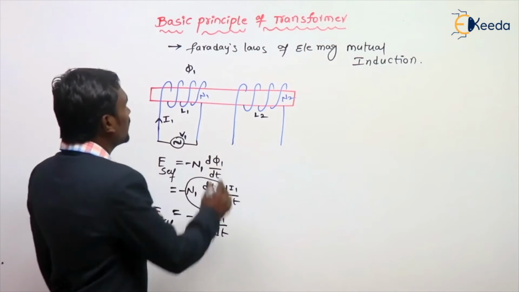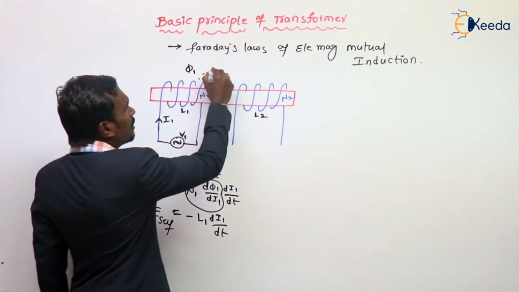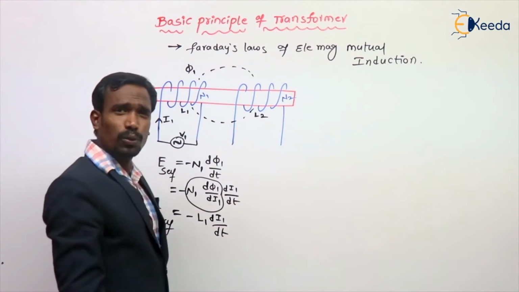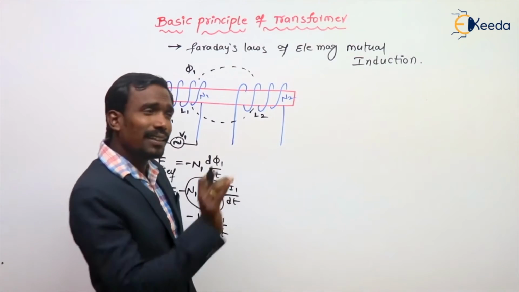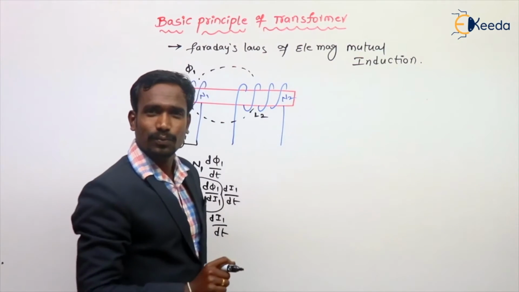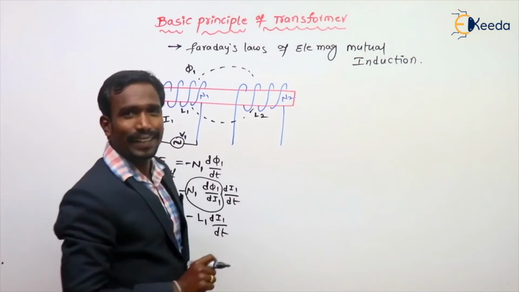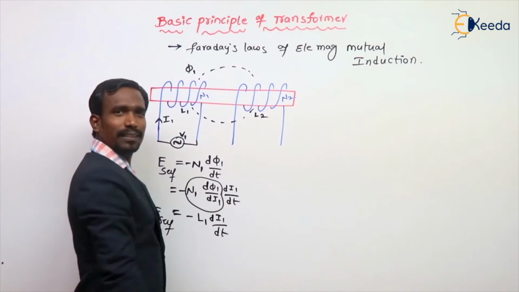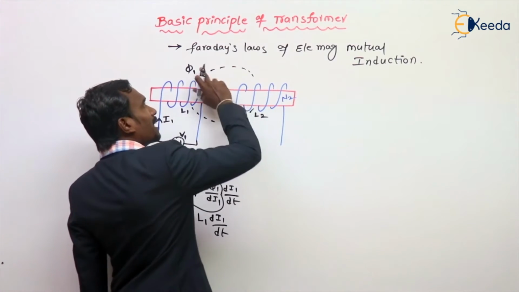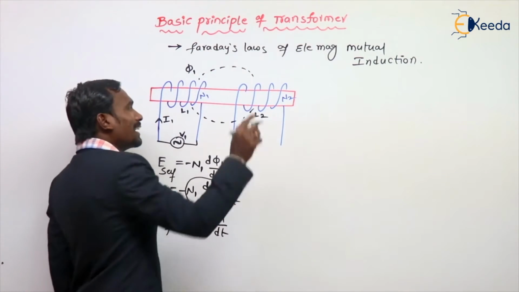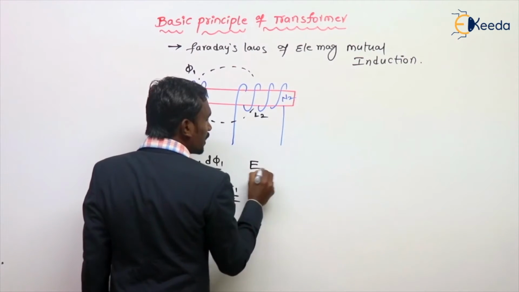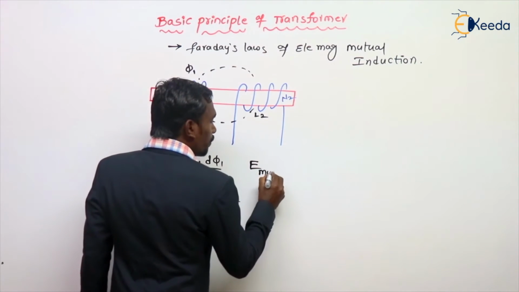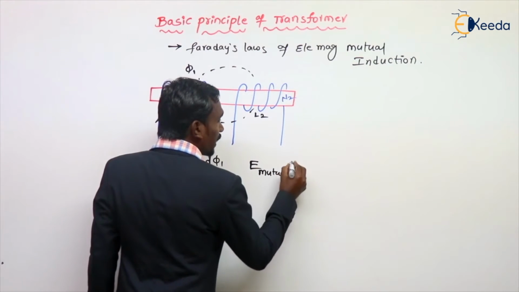But this phi1 also cuts another winding beside it. This flux links with the other winding also. When this flux links with this winding, again stationary conductors and moving flux, EMF is induced in this winding. This EMF is called mutually induced EMF.